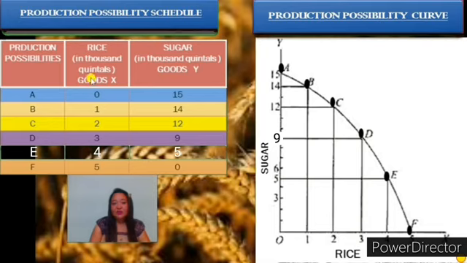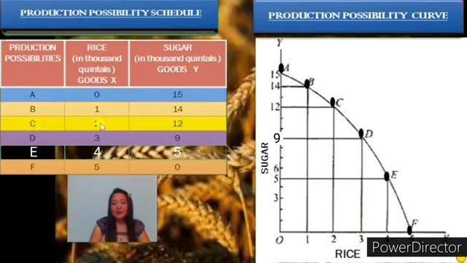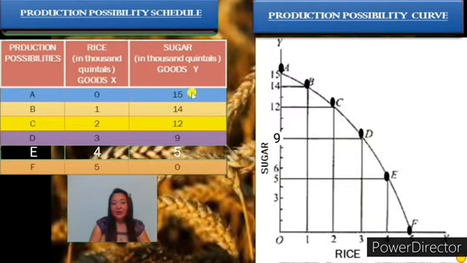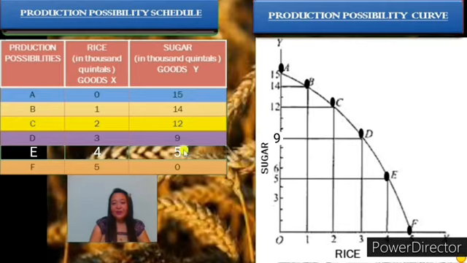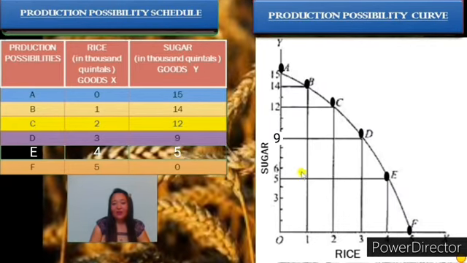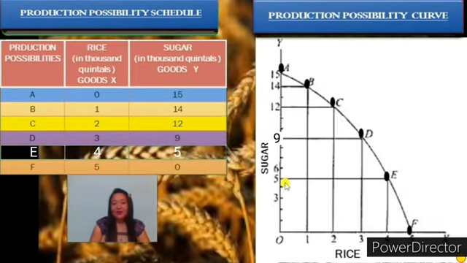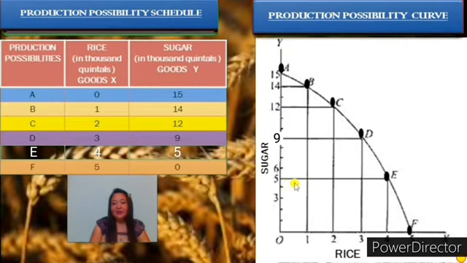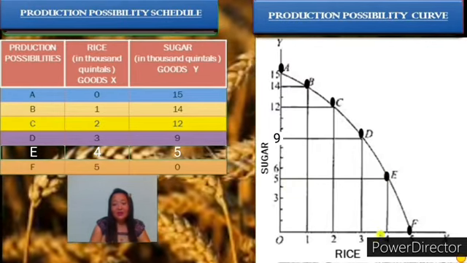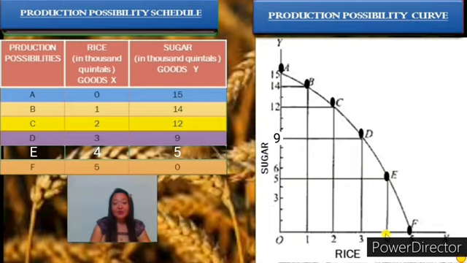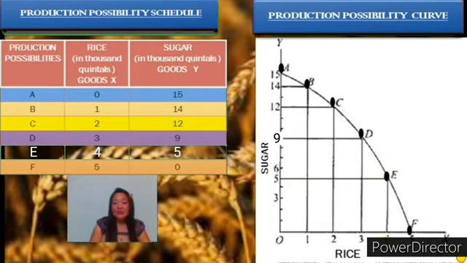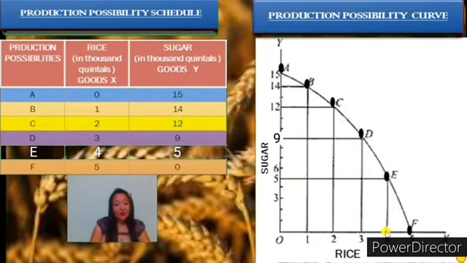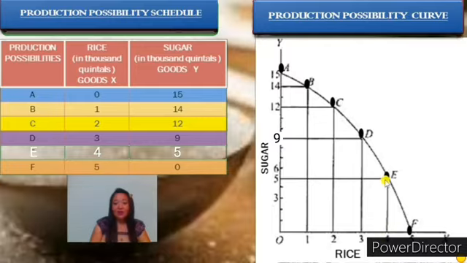Similarly, when the production of sugar is reduced right down to 5, what happens to the production of rice? It will increase. Obviously, the production of sugar has fallen, so that will lead to the increase in the production of rice. So according to possibility E, your point is here.